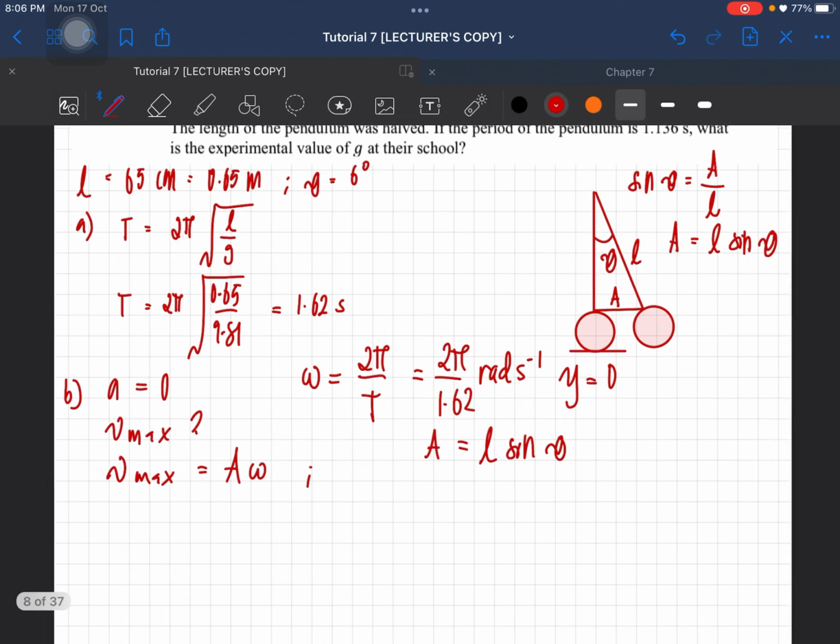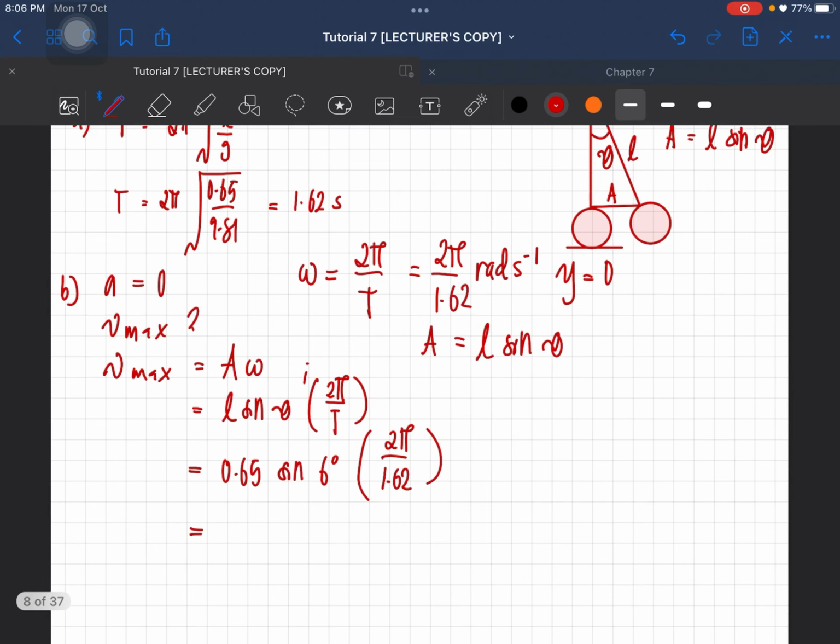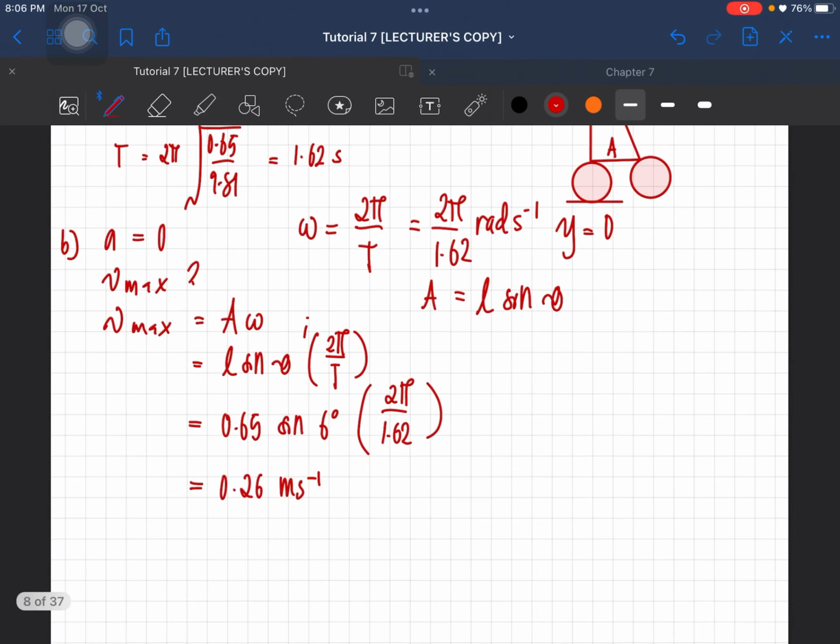From there we can substitute into this equation, where omega is 2 pi over T. If you substitute, this will be 0.65 sine 6 degrees times 2 pi over 1.62. You will get the velocity, or the speed at the lowest point, to be equal to 0.26 meter per second. So that is how you solve question B.